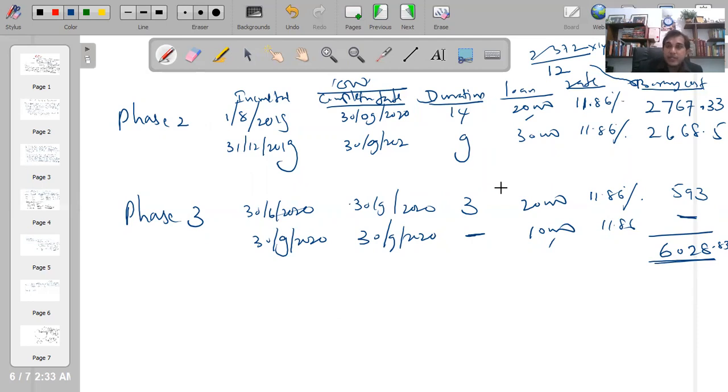So in these assumptions, what is the total borrowing cost to be capitalized?